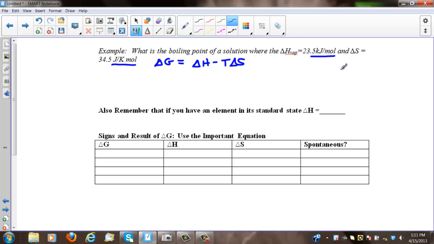If you're trying to determine the boiling point, you've got liquid and gas. Both states are present. Therefore, if we are at phase equilibrium, then delta G is equal to 0. We're going to be solving for the temperature.